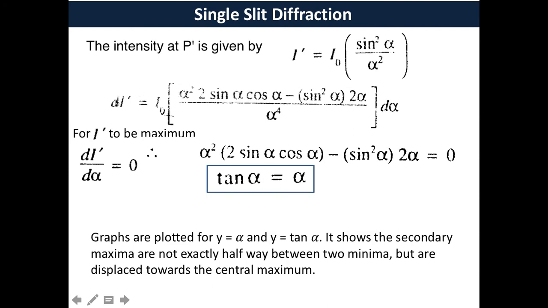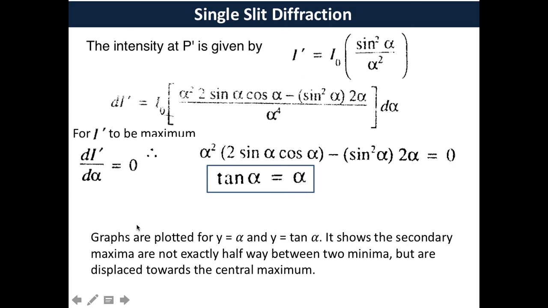So we take the derivative: I0 times, by the simple derivative, alpha square into 2 sine alpha cos alpha minus sine square alpha into 2 alpha, upon alpha raised to 4, d alpha. If I prime is to be maximum, it is equal to 0. If you simplify this term, it's very simple. You can find that tan alpha is equal to alpha.